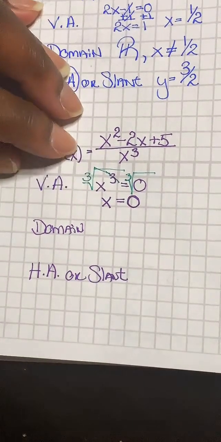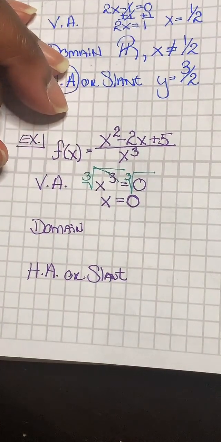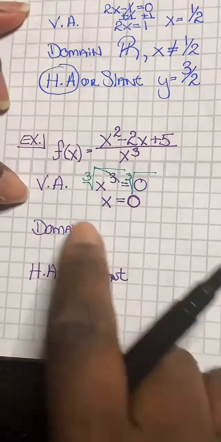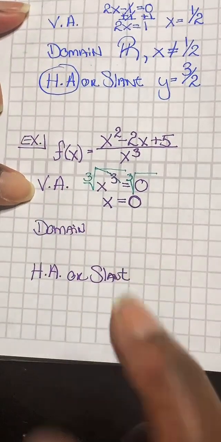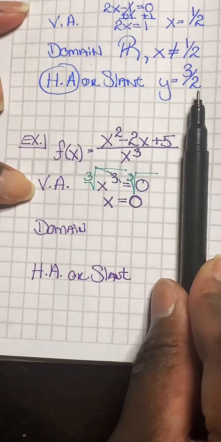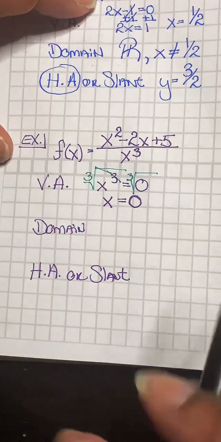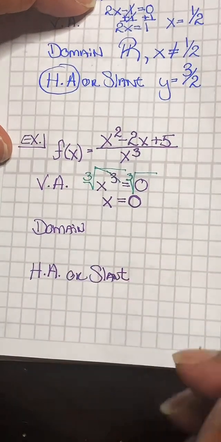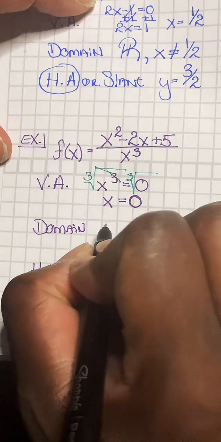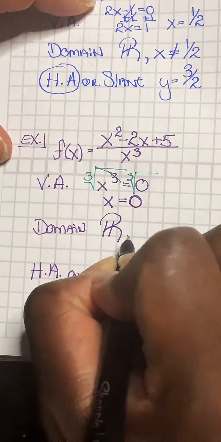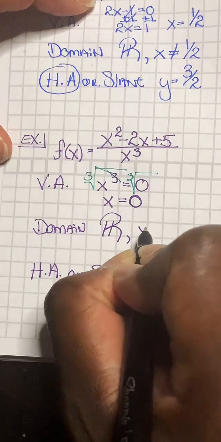So x is equal to 0. That is going to be your vertical asymptote, the line it's not going to cross. And looking at my domain, which is, shocker, all real numbers except for what?